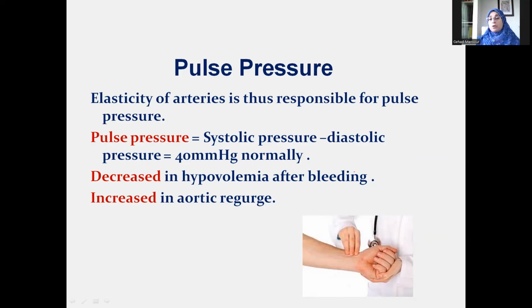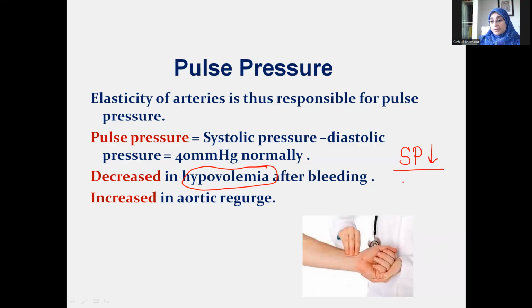An example of a decreased or very small difference between the systolic and diastolic is when somebody bleeds excessively, and the volume of the blood diminishes, there is hypovolemia. There will be, of course, diminished pumping of blood to the tissues, and therefore diminished systolic pressure.